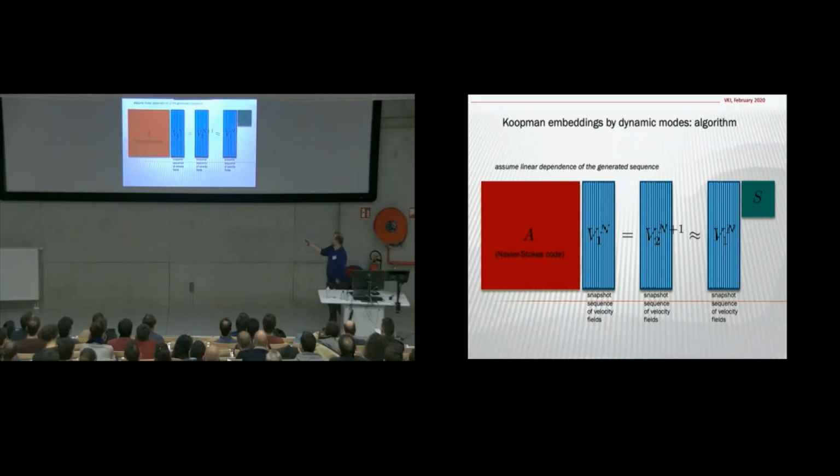So if you leave out the middle part here, then you say, this is my high-dimensional operator A, that moves a bunch of snapshots over one time step. And expressed in that basis, if that one is rich enough to express all the action of A, it should be captured by the basis itself.